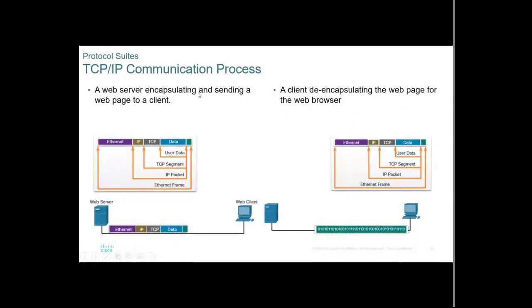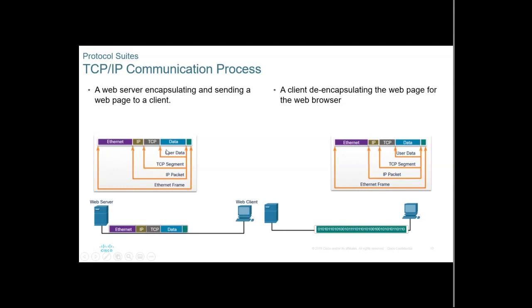So basically, from this web client to this web server, we are sending traffic. You can see that there's Ethernet, there's IP, there's TCP, and there's data, and there's the Ethernet frame.